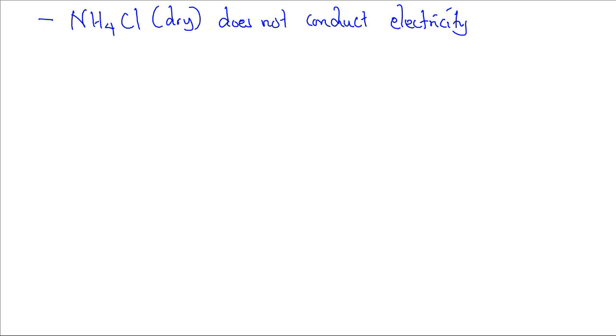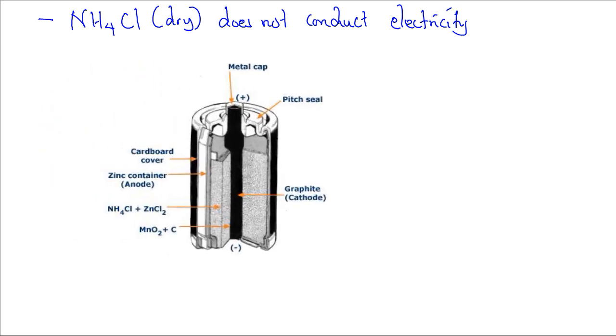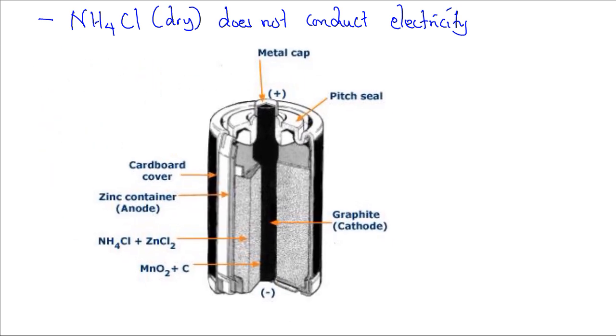This graphite rod has zinc chloride and ammonium chloride, and this ammonium chloride, we have said, has to be in paste form. Again, the graphite rod is surrounded as well with manganese 4 oxide, sorry, mixed with carbon. So this is the dry cell.